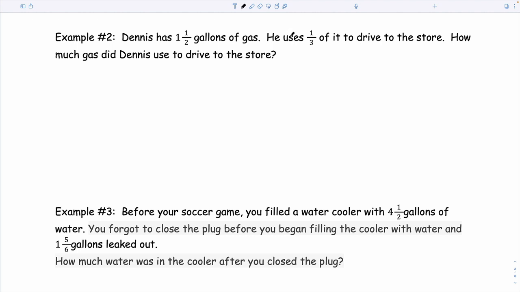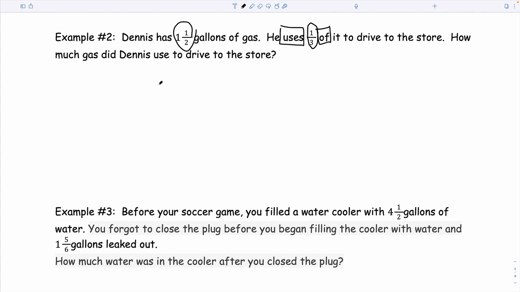Example 2, Dennis has 1.5 gallons of gas. He uses 1/3 of it to drive to the store. How much gas did he use to drive to the store? Circle your numbers. I'm scanning for a keyword. He uses. Okay, so that's either subtraction, but I see it's 1/3 of a number. That tells me that it is going to be multiplication. The 1/3 isn't 1/3 gallons. It's 1/3 of the whole gas tank.